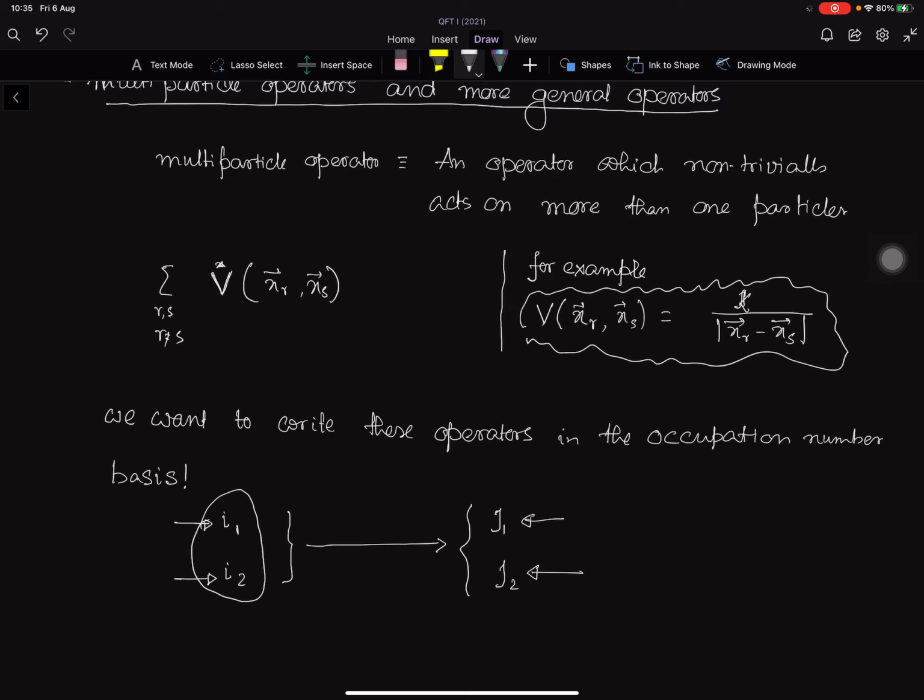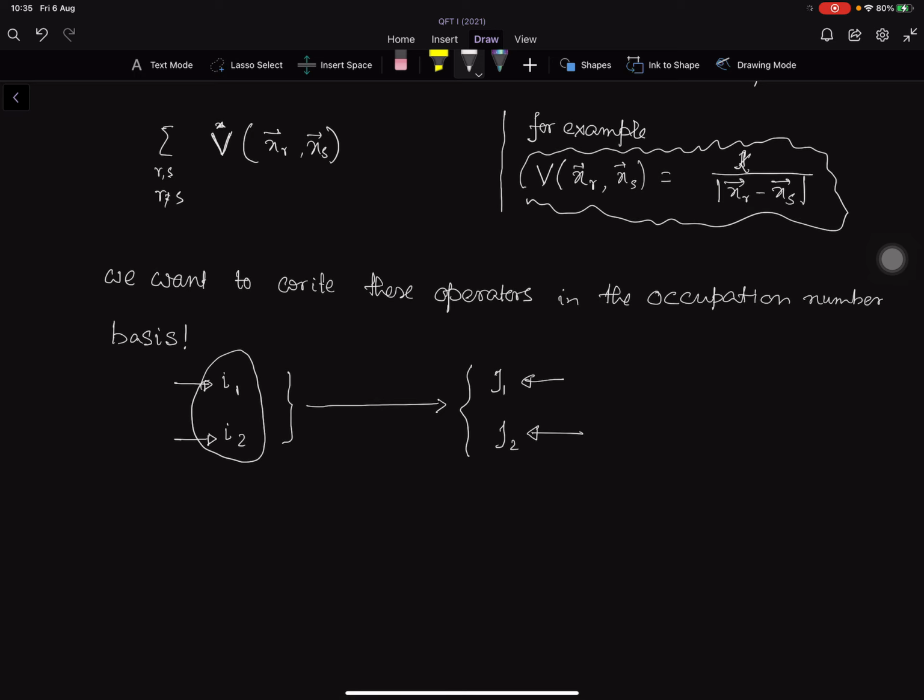Then in such a scenario, if I start from an occupation number like this, it goes to an occupation number where two states increase and two states decrease.